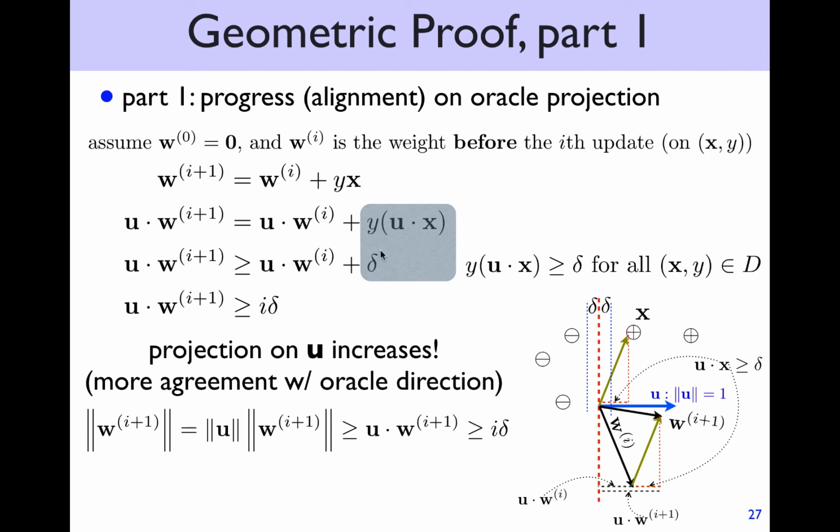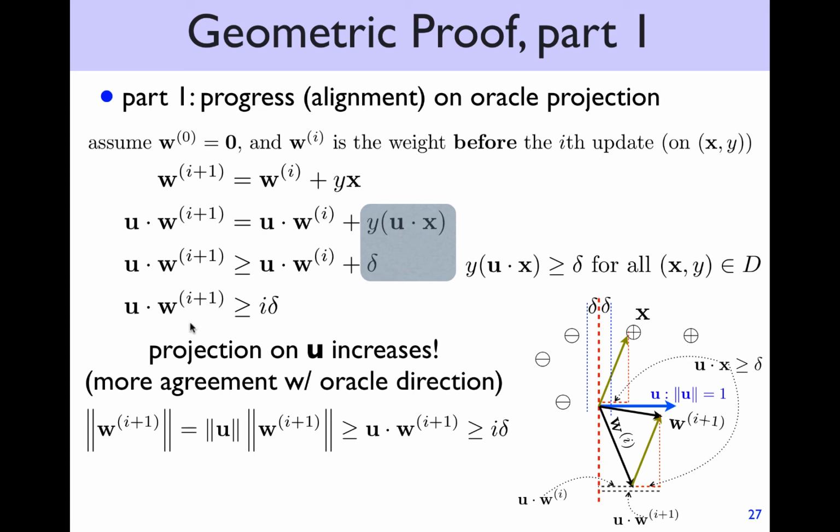And because that is at least delta according to the separability condition, that's the minimum margin, we can show that u dot the new vector is at least u dot the old vector plus delta, which is what we said in geometry. That is, the alignment with the correct direction is bigger by at least delta. So that's the amount of progress you can track on the correct direction.